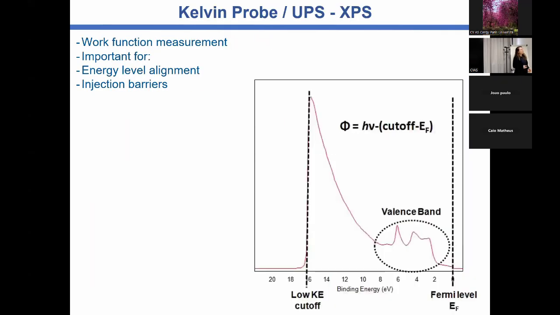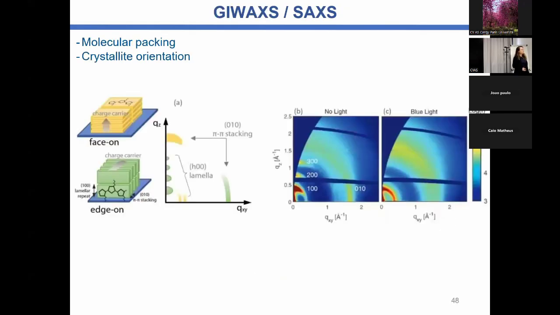Kelvin probe or UPS and XPS, here I just put the name of the techniques. I did not explain very well, but they are the main techniques to measure the work function, and it's very important to construct the devices because of that energy alignment that I talked about a lot in this class, and also the injection barriers.